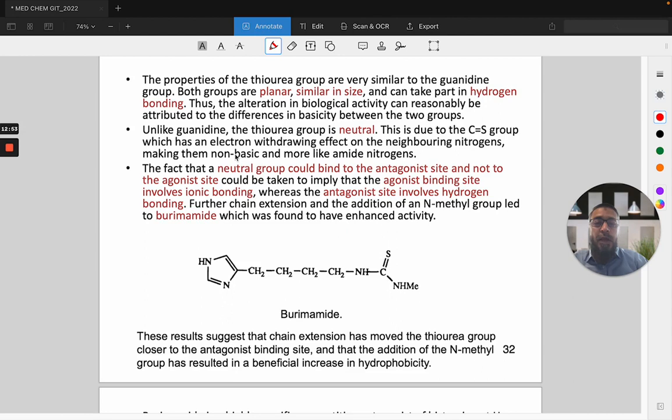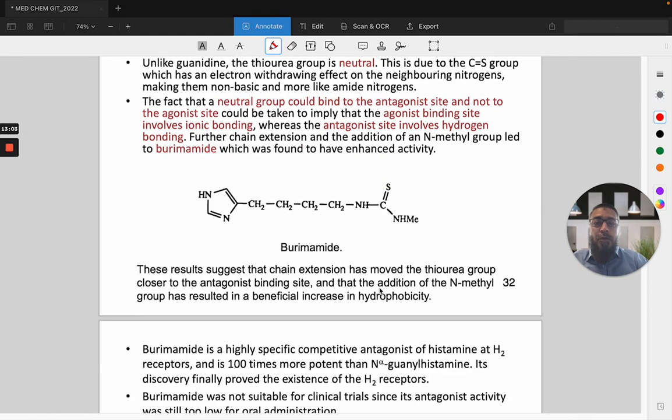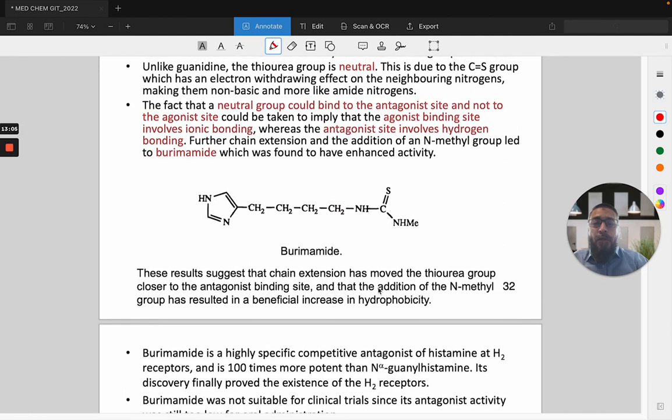So the antagonist site involves hydrogen bonding. That's why, for strong hydrogen bonding, the molecule should be neutral at the terminal site. So the further chain extension and addition of this N-methyl group leads to burimamide, which you have there.